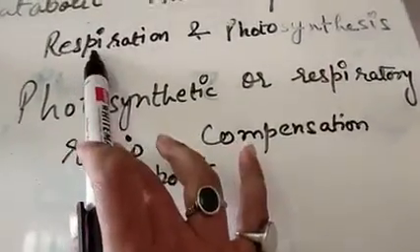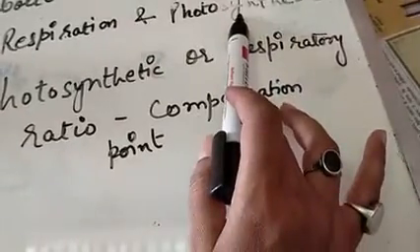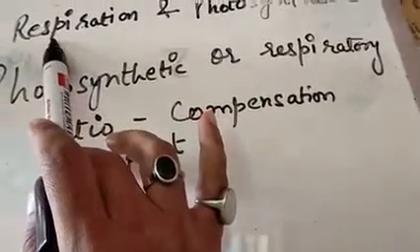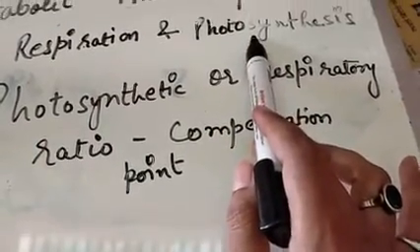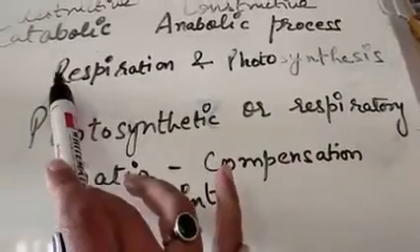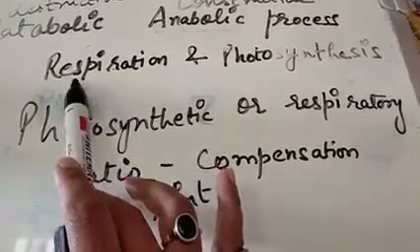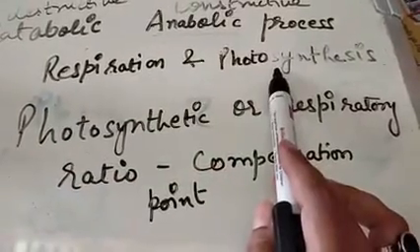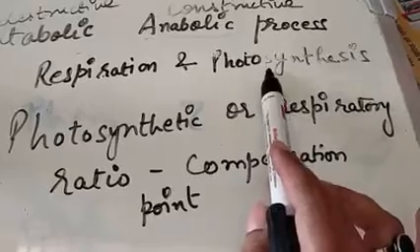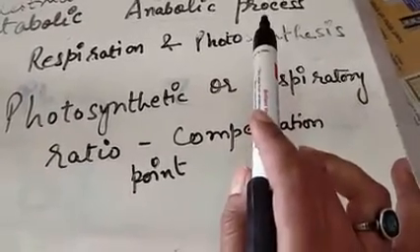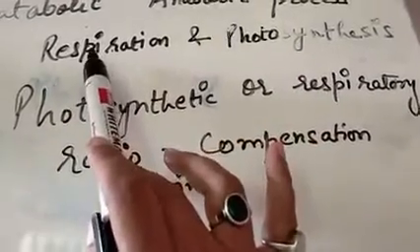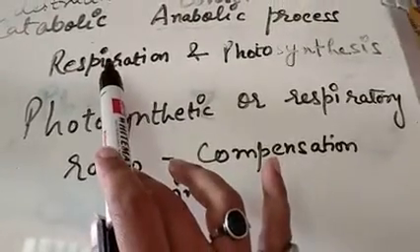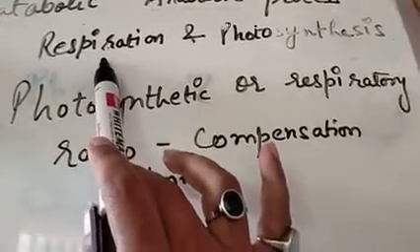Respiration does not require chlorophyll, whereas photosynthesis requires chlorophyll. The raw materials in respiration are glucose and oxygen; in photosynthesis the raw materials are carbon dioxide and water. In respiration the end products are carbon dioxide, water and energy; in photosynthesis the end products are glucose and oxygen. In respiration, food is broken down and energy is utilized.